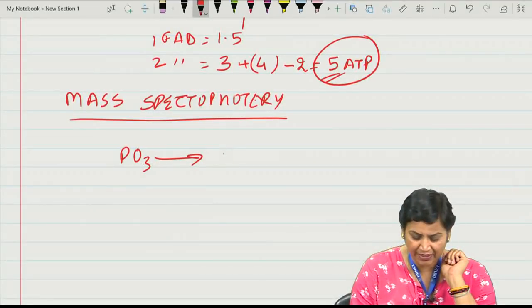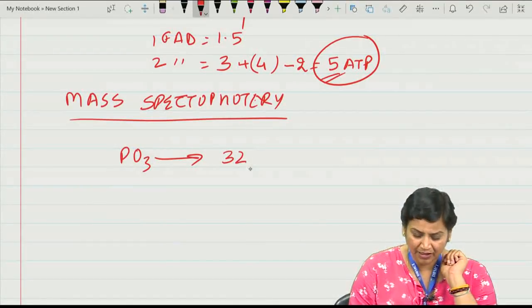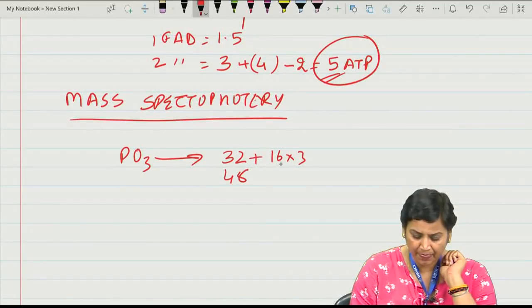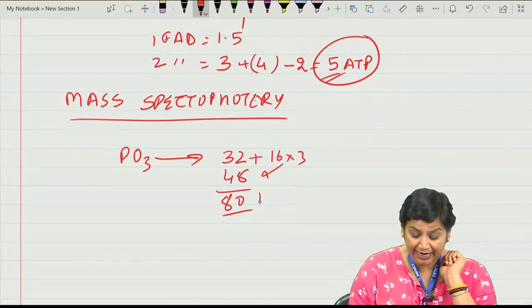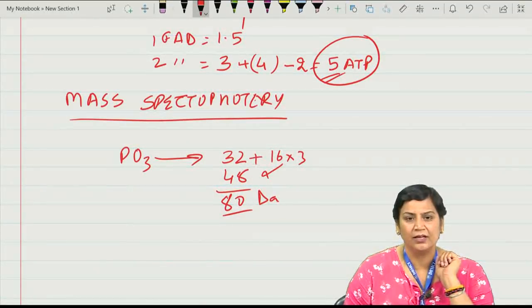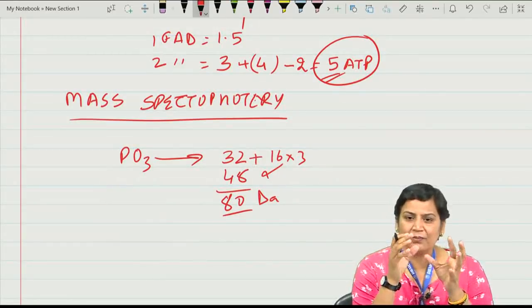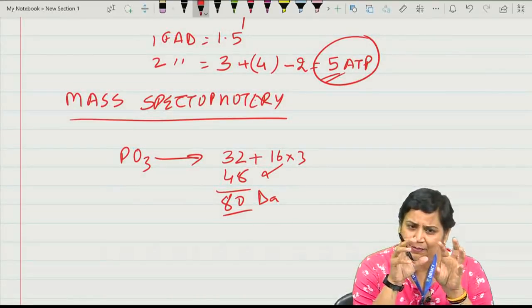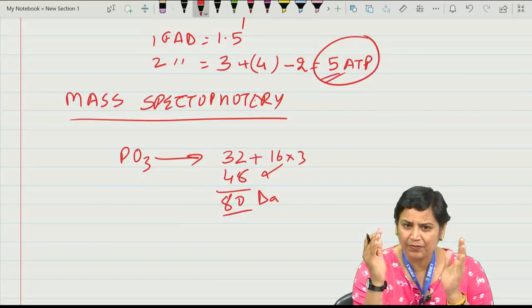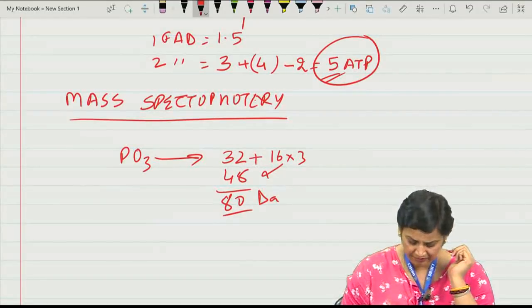Phosphate is 1, phosphorus has 32 molecular weight, oxygen is 3, 16 into 3, 48, so it would be 80. So it is imparting 80 Dalton to it. So we are basically separating them in a different phase.